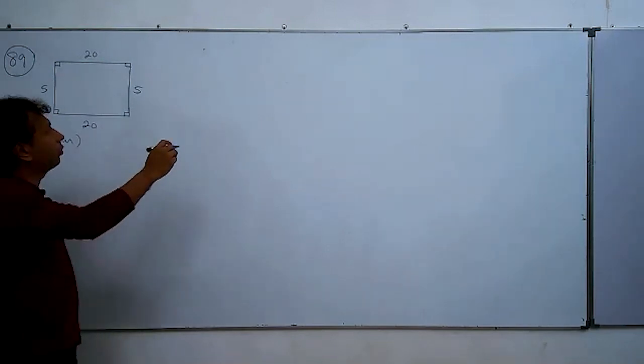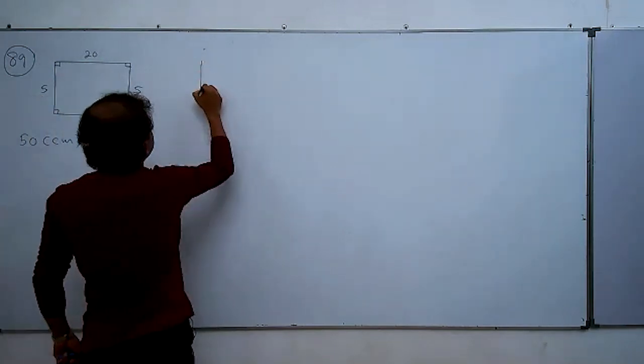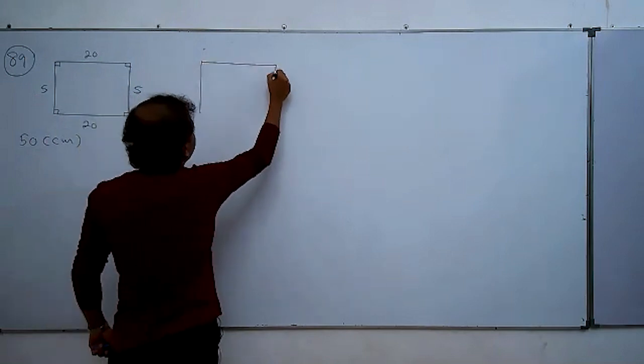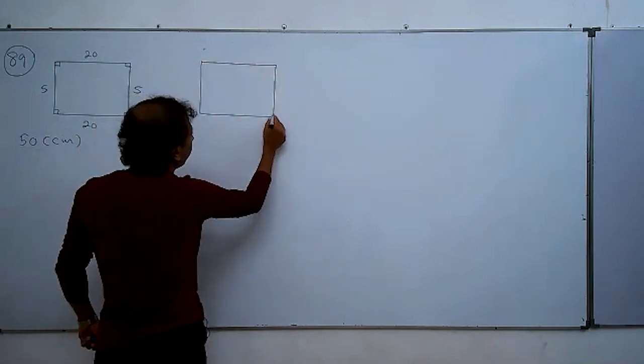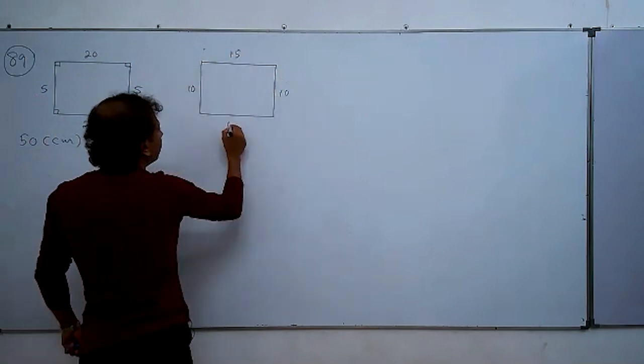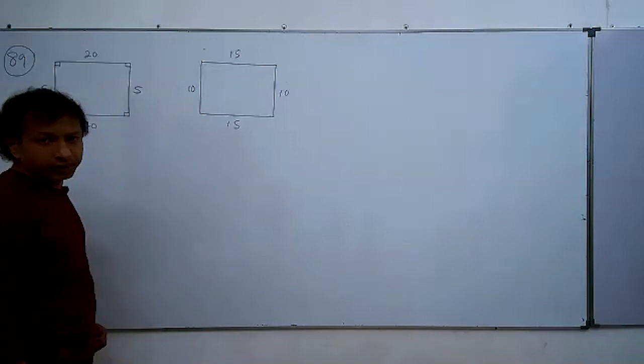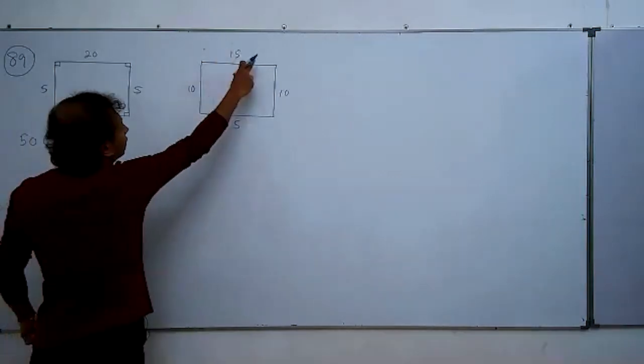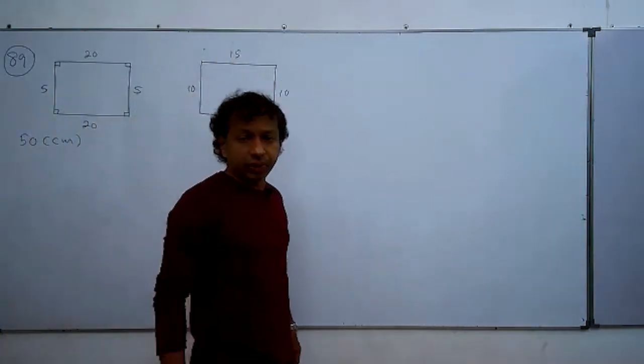Right. Another one more we can select like this: 10, 10, 15, 15. Here also the total perimeter is 50.